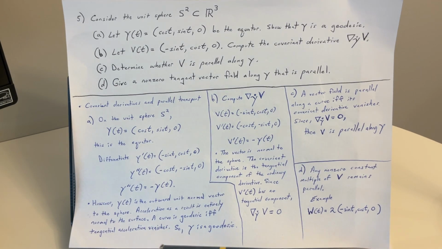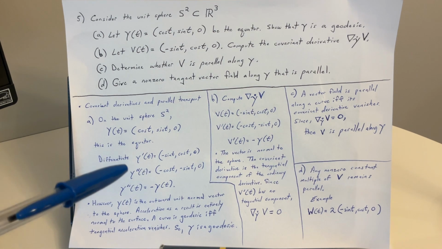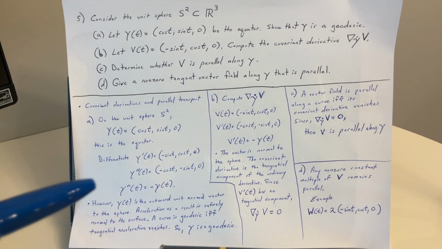So on the unit sphere, I'm just going to walk through here, letter A, your gamma of t equals cosine t, sine t, 0. This is the equator. So we're going to get the first and second derivatives of this. We get them here and here. And what we see here is that the second derivative of gamma is equal to negative gamma.